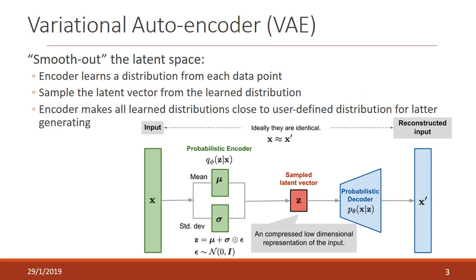Since the input data is not available for generating, the encoder must learn to make all the distributions close to a target distribution. After the VAE gets trained, we sample the latent vector directly from the target distribution without the encoder. As you can see in the figure, the learned distribution is assumed to be Gaussian. The encoder produces the mean and variance for that Gaussian. We call this structure a variational auto-encoder.